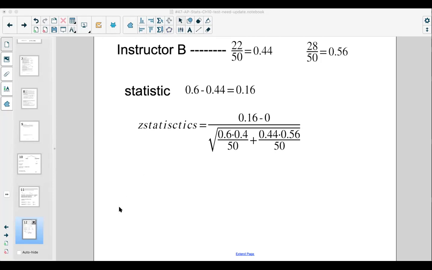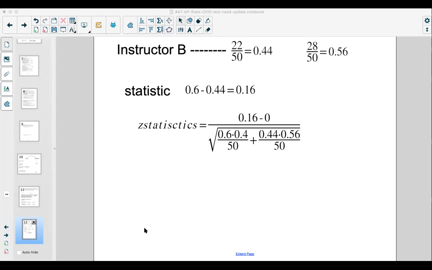That's the first term, so I close the bracket. Now I add another double bracket, 0.44 times 0.56, close the bracket, divide by 50, and close the outer bracket.